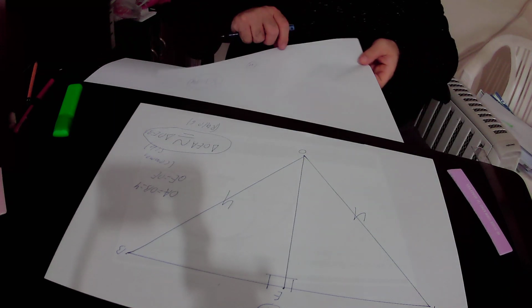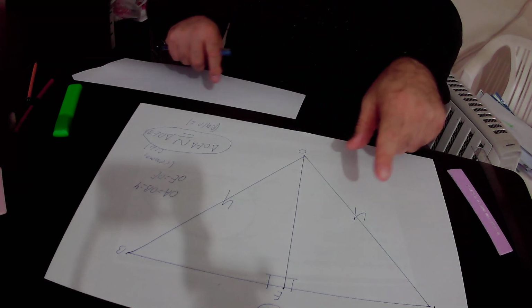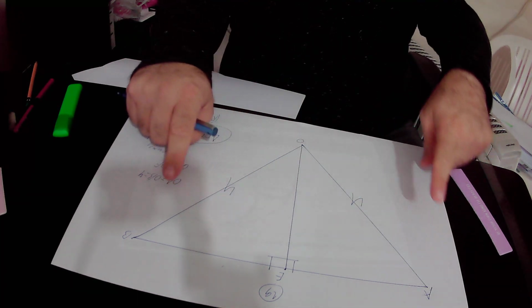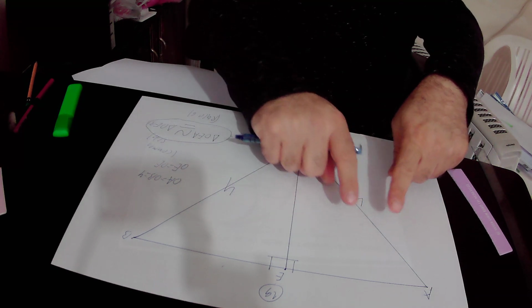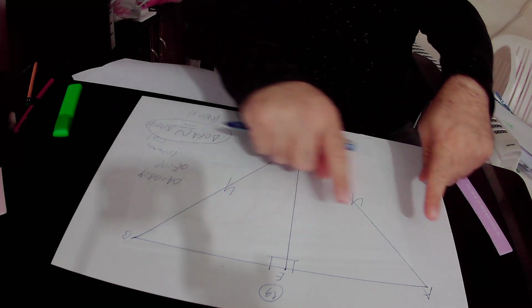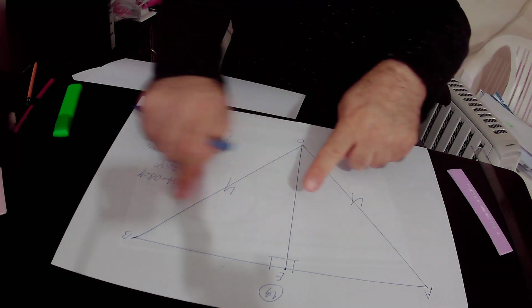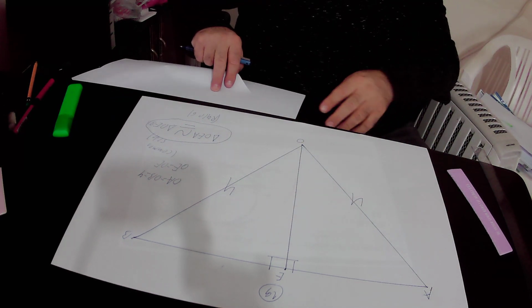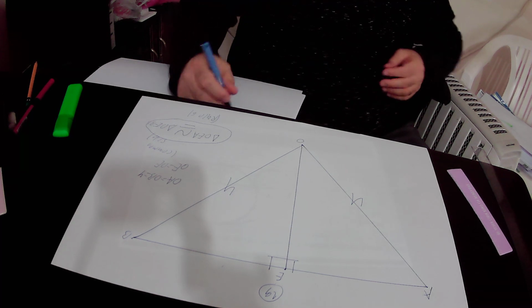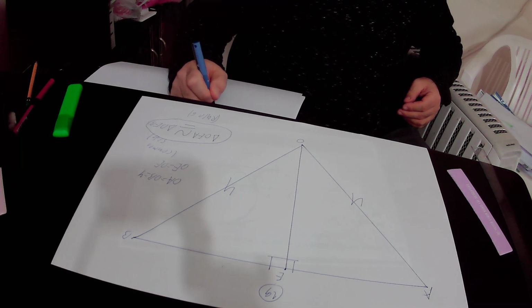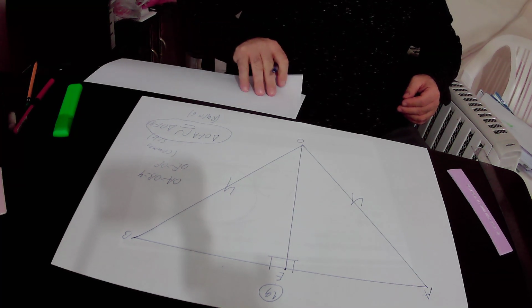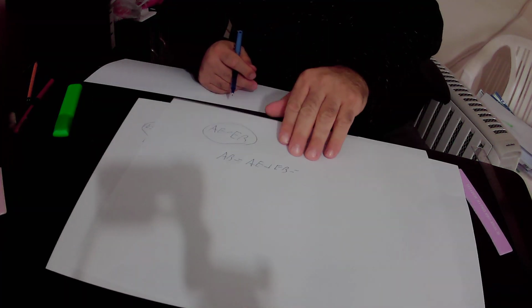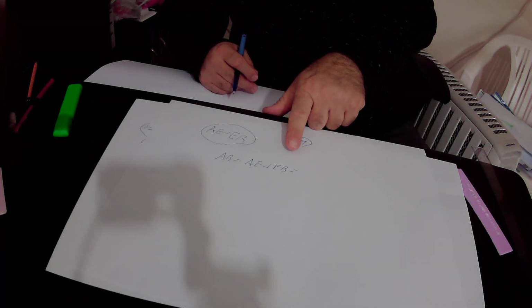And what is the value of AB? From the drawing, you can see that AB equals AE plus EB.